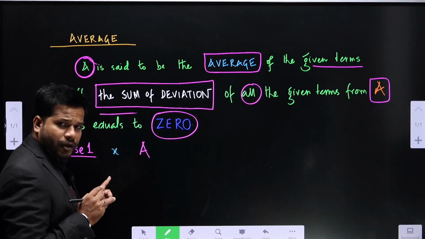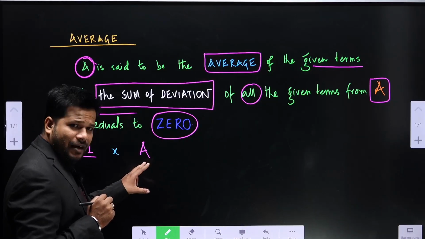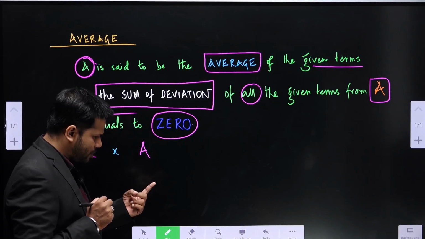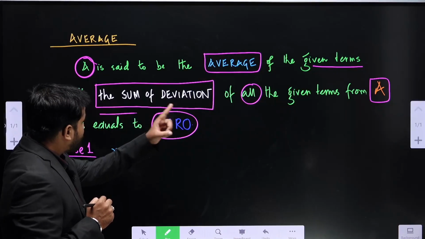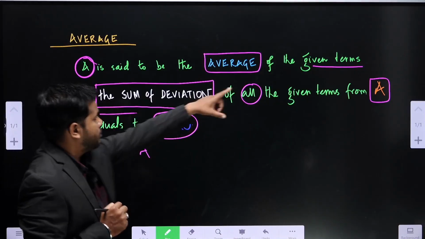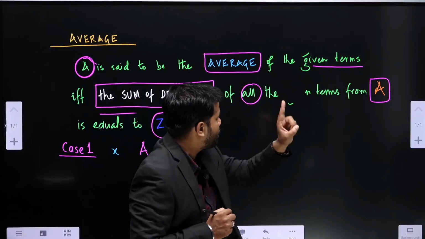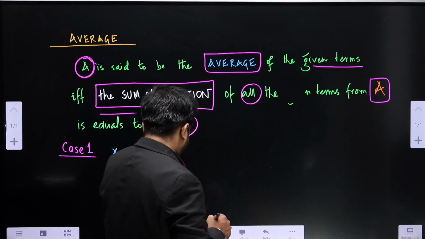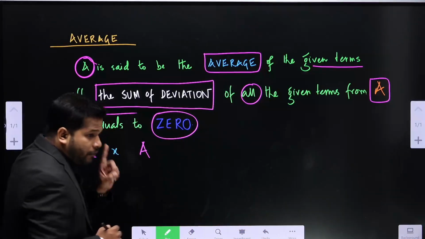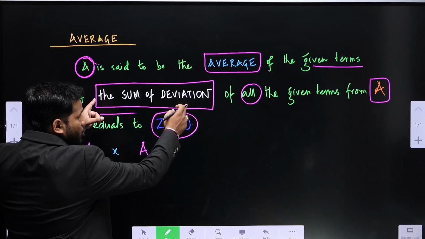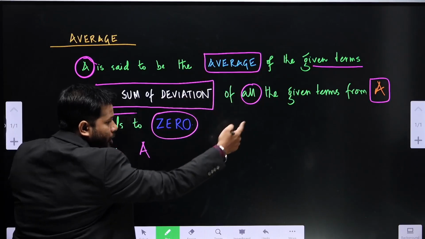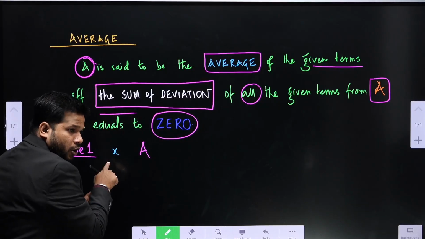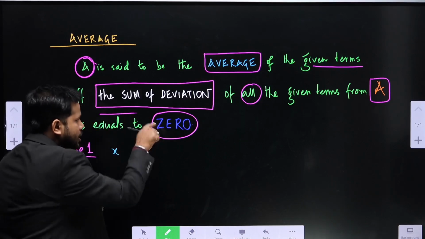If capital A is the average, then A will be called the average of the given terms, here only one term, that is X, only when the sum of the deviation of all the terms from A is equals to 0.